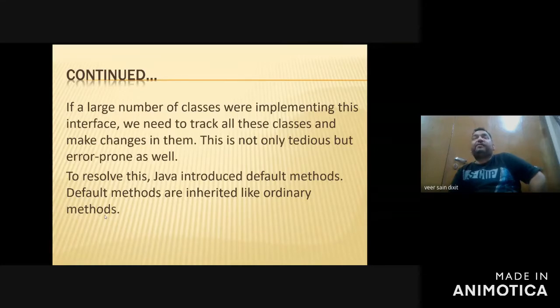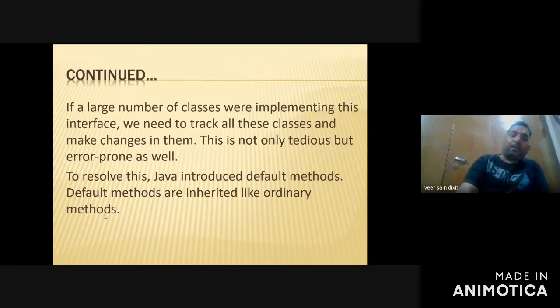If an interface is being implemented by a large number of classes, it will be a very difficult and error prone activity. To resolve this, Java introduced default methods. Default methods are inherited like ordinary methods. This is the reason.